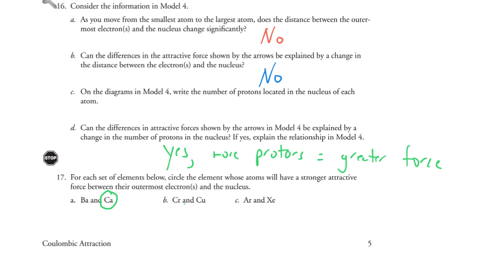Chromium and copper, let's see, they're part of the same period, but copper has many more protons, so copper's going to win that battle. Argon and xenon, they're part of the same group, but xenon is further down, so argon will have the shorter distance and therefore the greater attractive force.